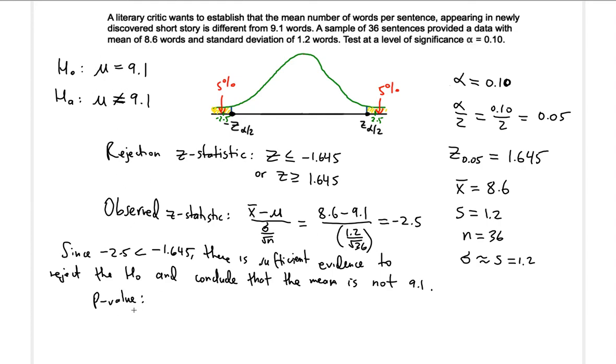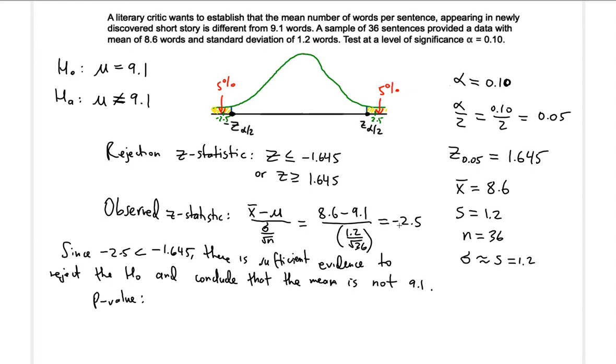So this is what the p-value is: the probability of having the observed z-statistic or even more extreme than the observed z that we got. So we sum up the areas to the left of negative 2.5 and to the right of 2.5. We add them up and we find the p-value.